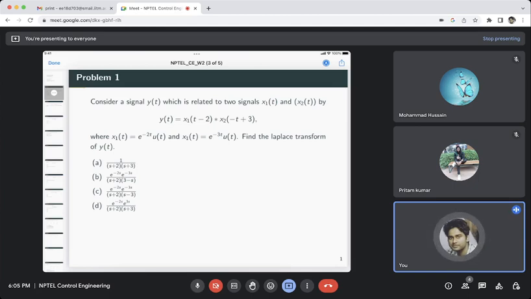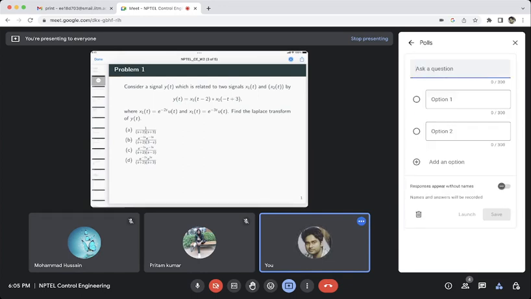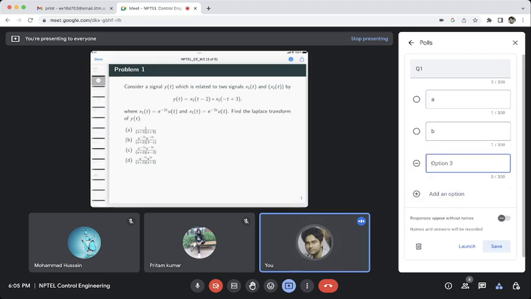You have to find the Laplace transform of y(t). We can answer through a poll first, then discuss. I'm starting the poll for this question, so you first try and answer, then we'll discuss.